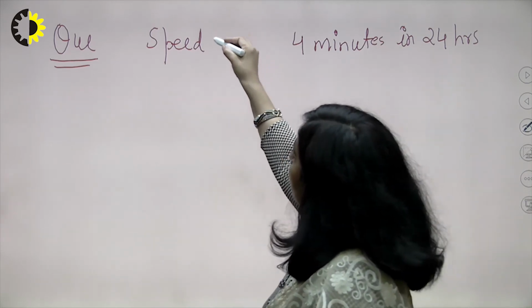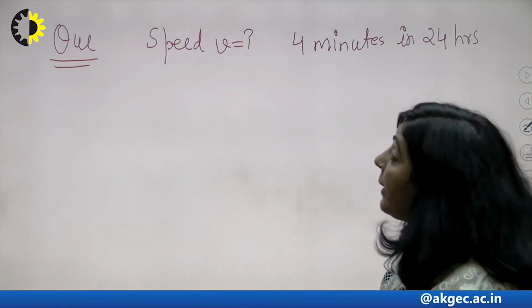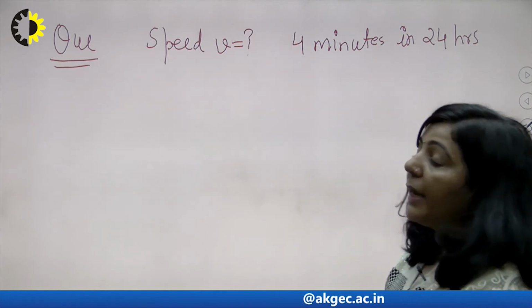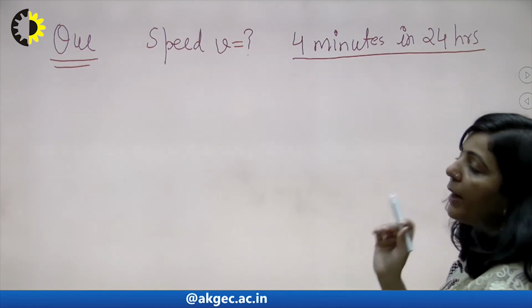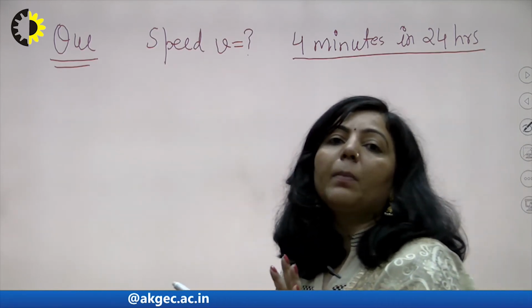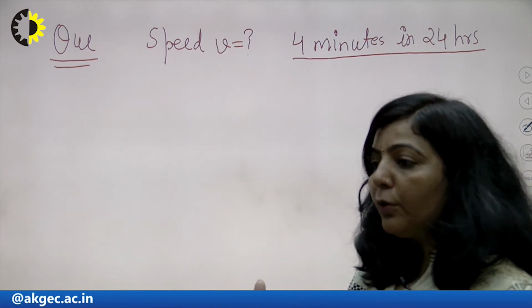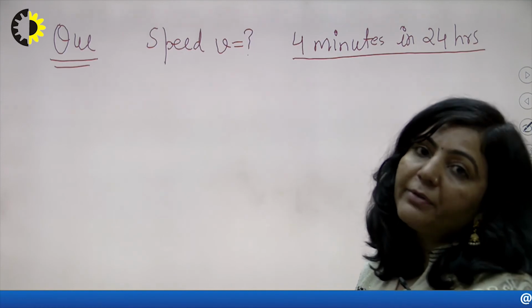So that change in time by that clock is possible when it is traveling with a relativistic speed.